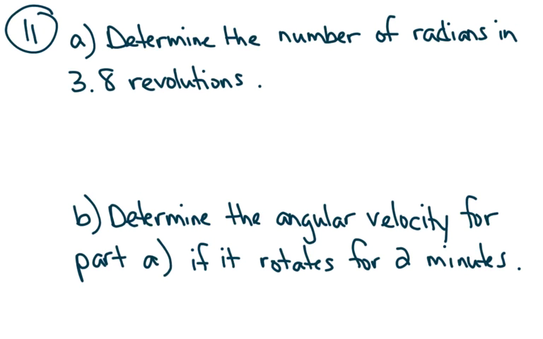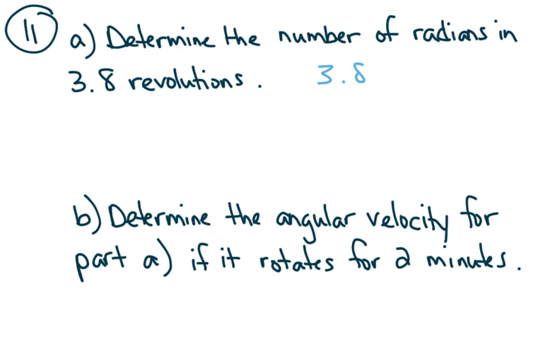Number 11, parts A, B, and C are all going to go together. Part A says determine the number of radians in 3.8 revolutions. Remember, we've done this before, but we did it with degrees. If we wanted to find the number of degrees in 3.8 revolutions, that's the same thing as saying, if I turn around in a circle 3.8 times, how many degrees will I have gone through?